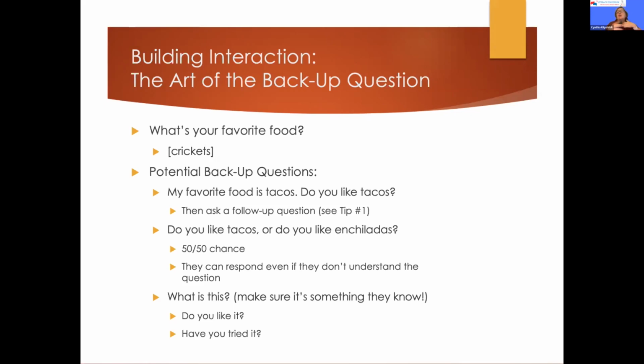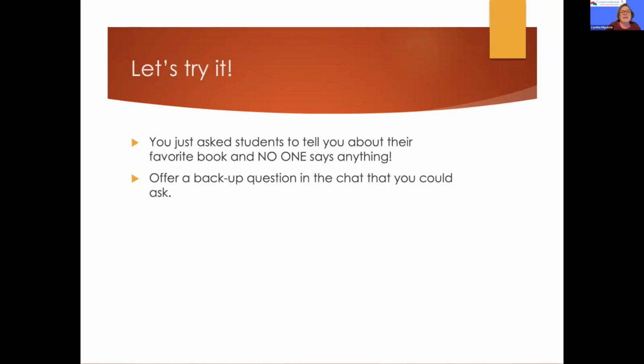So now I can totally change the question to be more specific about what it is I want to talk about. So if students don't answer, maybe you need to change the question you're asking to make the question something that is more possible for them to answer.